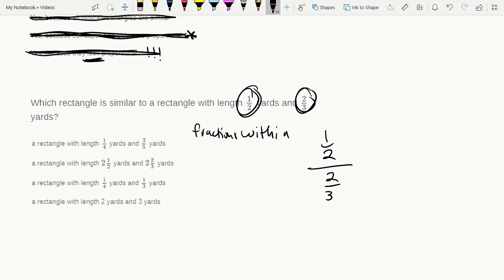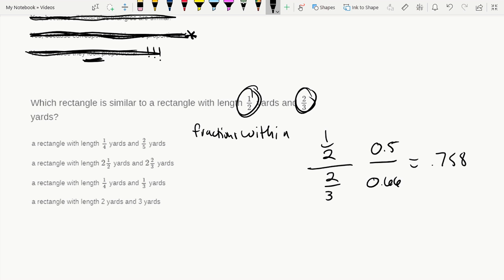Man, they're trying to get tricky on me here, guys. That's going to be 0.5 over 0.66. Let's do that real quick. 0.5 divided by 0.66 is roughly 0.758.